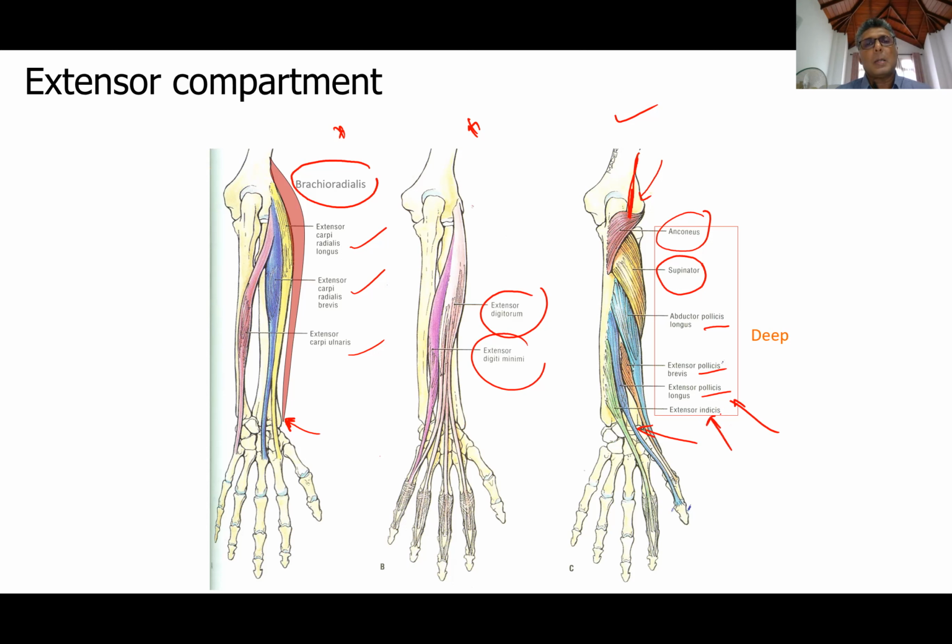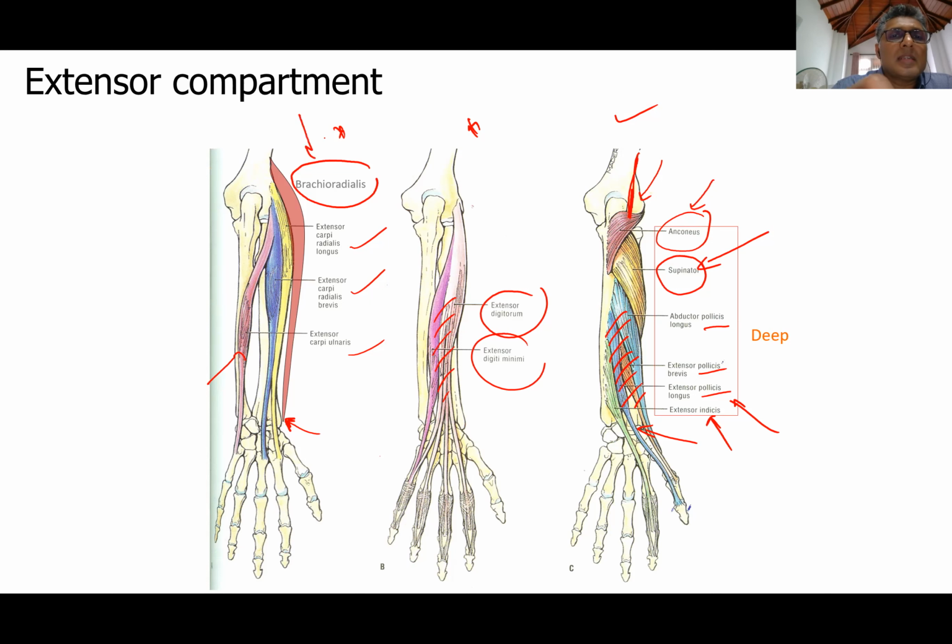And all these muscles are supplied by the posterior interosseous nerve. Even some of these are supplied by the posterior interosseous nerve, and this one is supplied by the deep branch of the radial nerve, and this is supplied by the radial nerve itself.